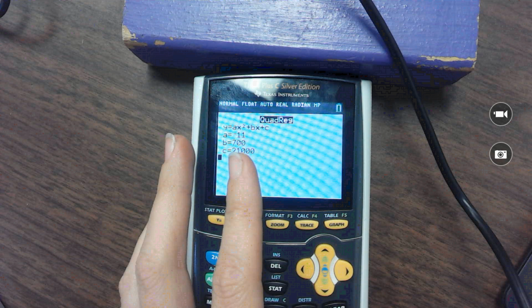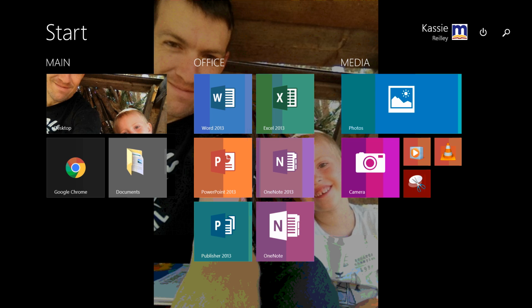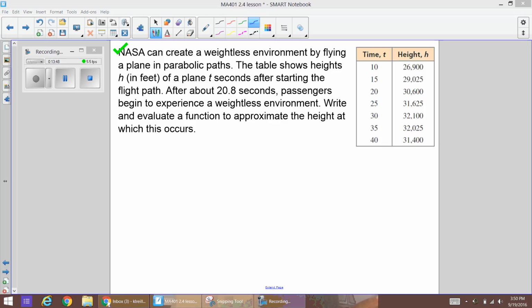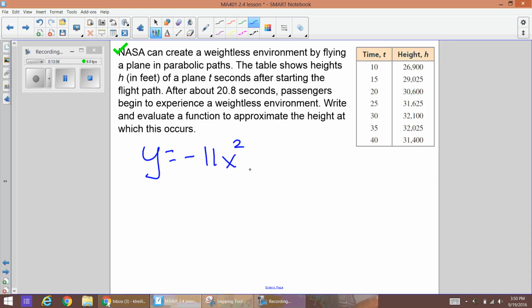The calculator did it for us. So now it's our job to put that information in. So it's y equals -11 x squared. The b value is 700, so plus 700x. And then the c value is 21,000. Fantastic. Okay, so that is the answer.